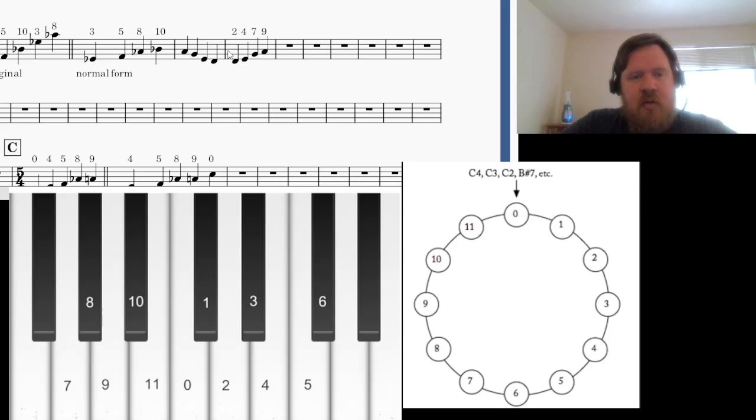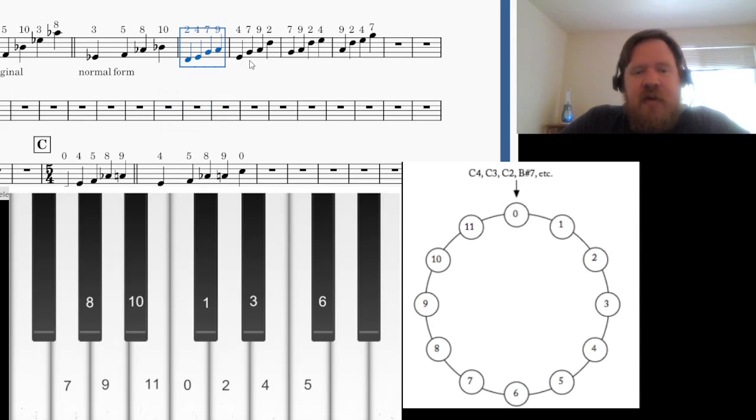Okay, so here we now have the numbers, and this is in ascending order. We don't know if this is normal form yet. It might be, but we're not sure until we check all of the different rotations. So here are our 4 pitches, 2, 4, 7, 9. This is the inversion now of these 3.